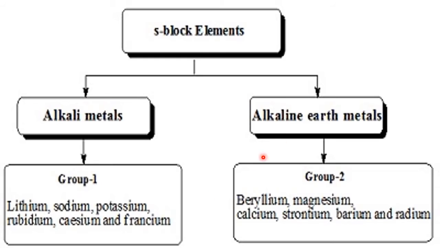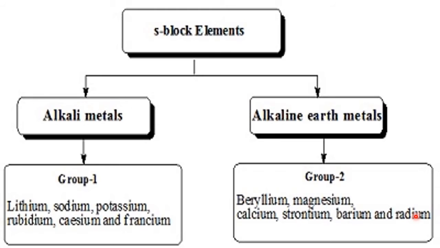The same way, the second block in S block is alkaline earth metals. Members are beryllium, magnesium, calcium, strontium, barium, and radium. Here also, the last member is radioactive. Why is it radioactive?